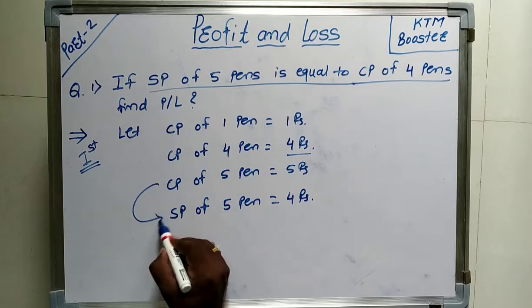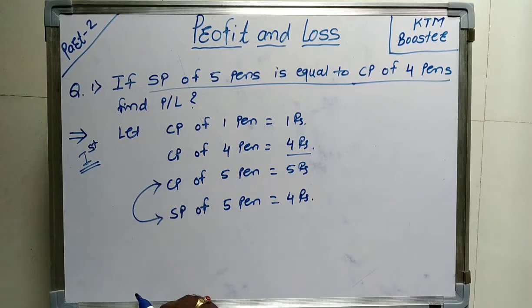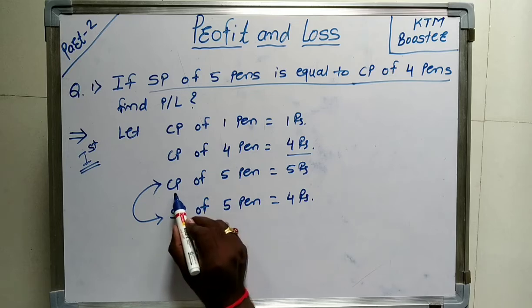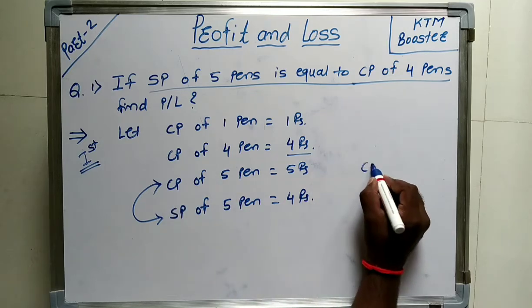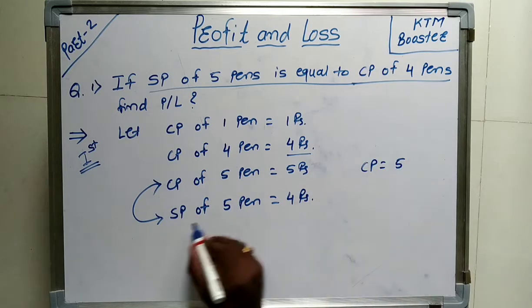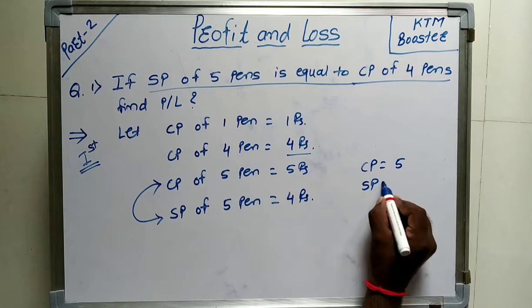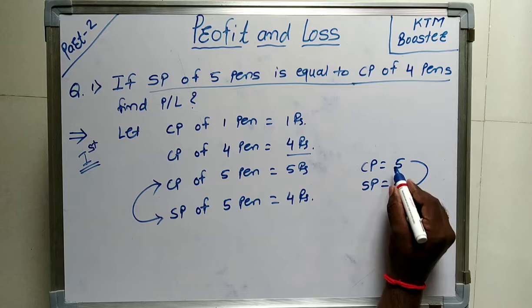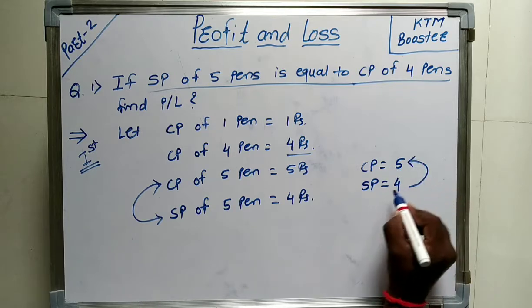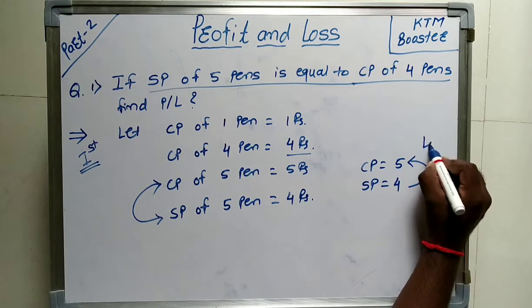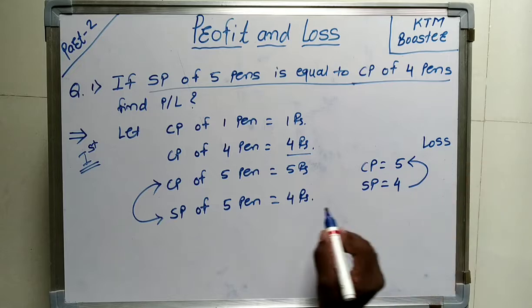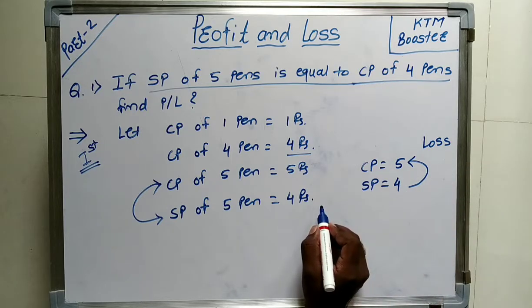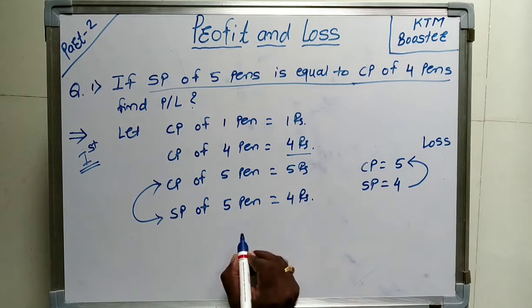So we have to concentrate on these both terms. CP is 5 and SP is 4. If CP is greater than SP, then a loss will always occur.